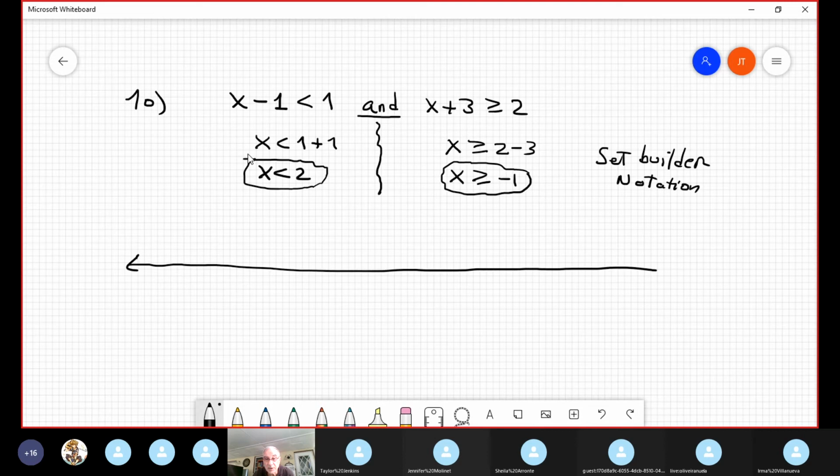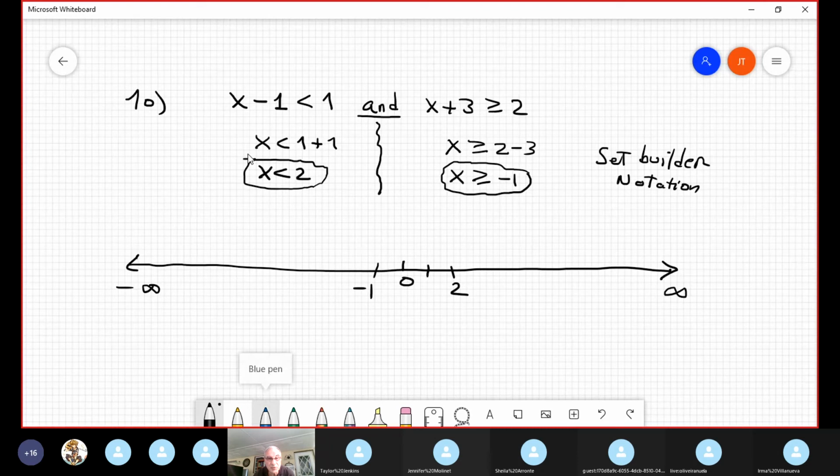This is classical. In compound inequality solutions, you do it graphically. This is 0 here, 1, 2, and negative 1 here. This first solution is from.